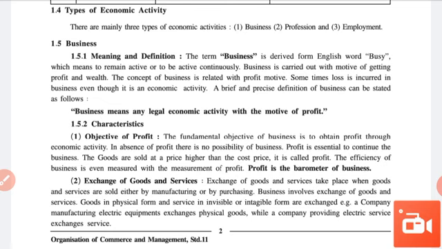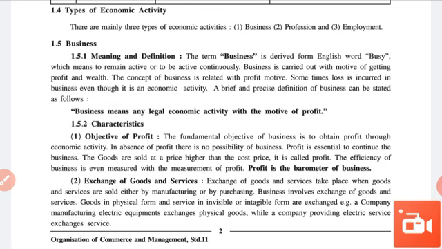Business is carried out with the motive of getting profit and wealth. What is the objective of business? Getting profit and wealth. Please underline this point.